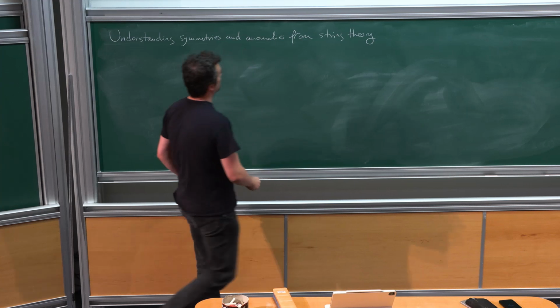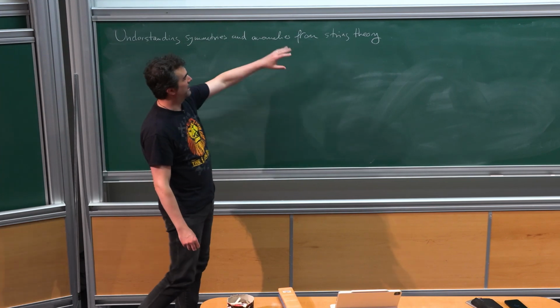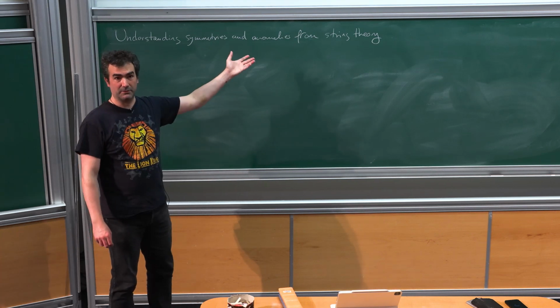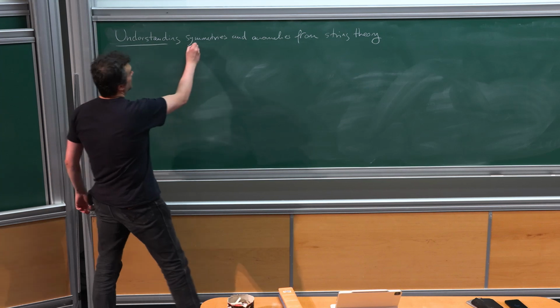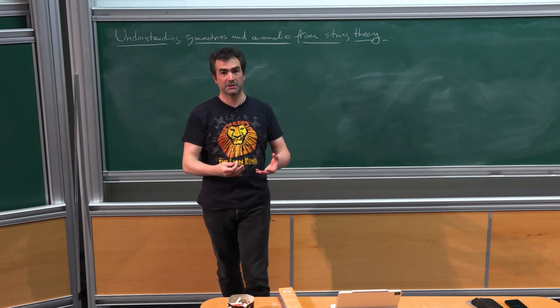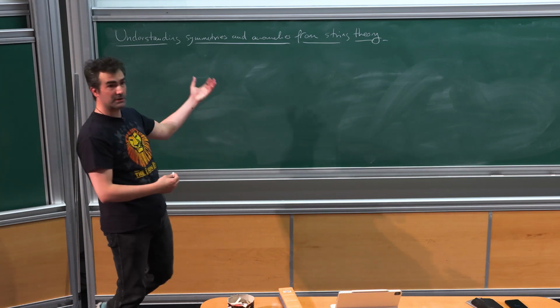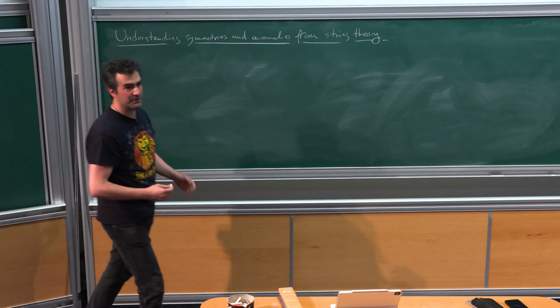So in a sense, everything I have said so far is trying to understand the symmetries, of which we believe there are none, and anomalies, of which now I have half convinced you that there are none, of string theory. But now I want to understand symmetries and anomalies of field theories using string theory techniques. So now string theory is not going to be my target. It's going to be a tool for understanding symmetries and anomalies of quantum field theory.